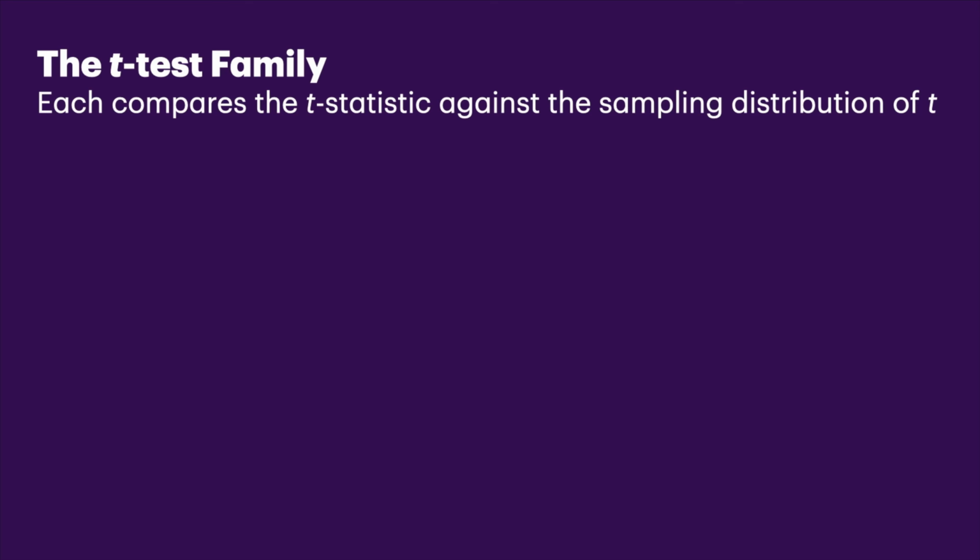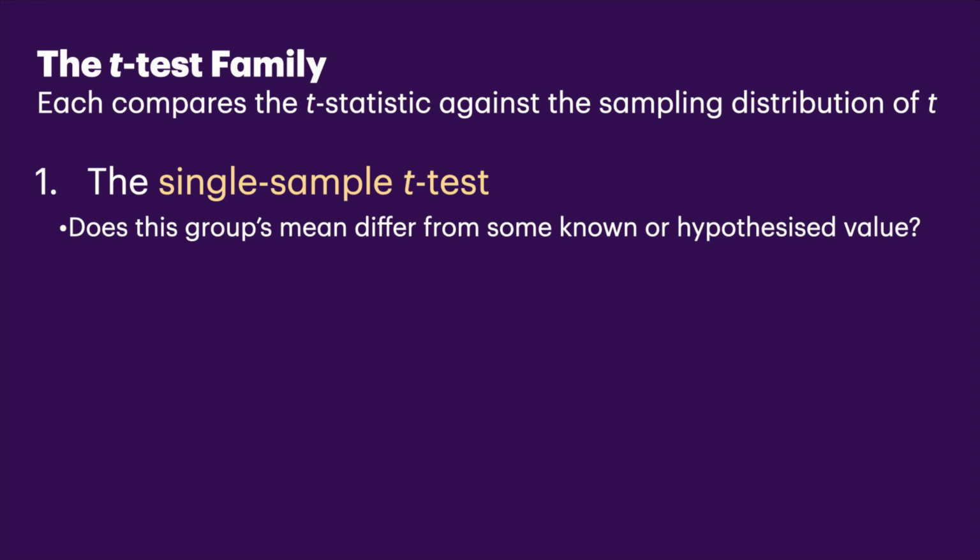The most commonly used family of tests in psychology is the t-test. But the t-test isn't a single test. It's a family of 3 related tests. Which one you use depends on your design. The single sample t-test asks, does this group's mean differ from some known or hypothesized value?